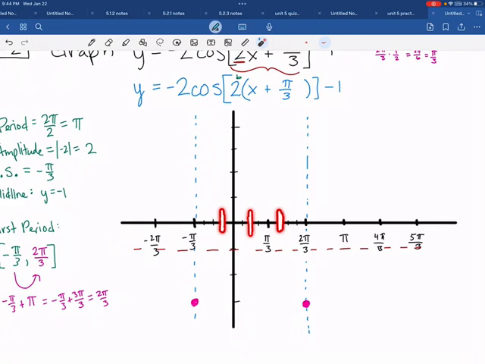So I'm going to go point on the midline right here, that one little hash mark over, and so every 3 of these minor lines I'm going to be plotting a point. My next point is going to be up 2 from the midline, so that's going to be right there at y equals 1, and then back to the midline at this little hash mark right there.